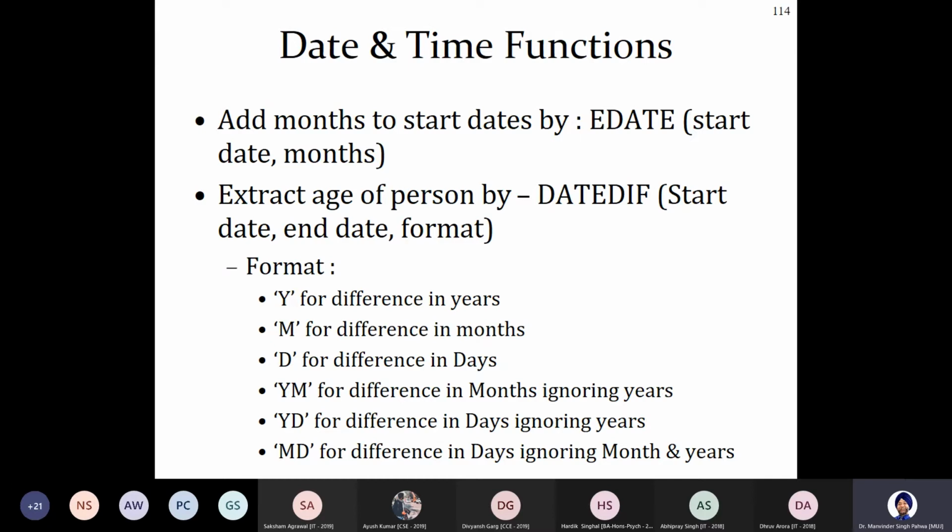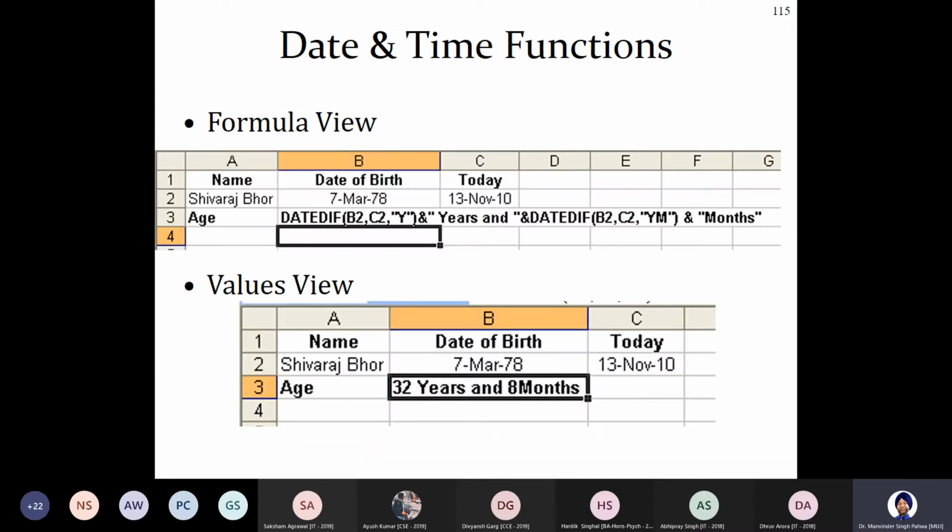There are certain formats which are given: Y for the difference in the years, M, D, and so on, YM for the difference in months ignoring the years. So there are various ways to do it, and you can apply these ways in order to perform the things. Here the date time function is given.